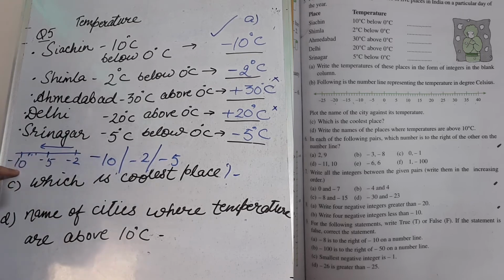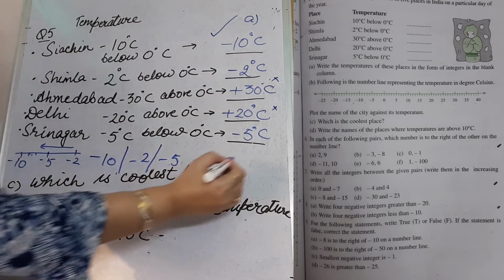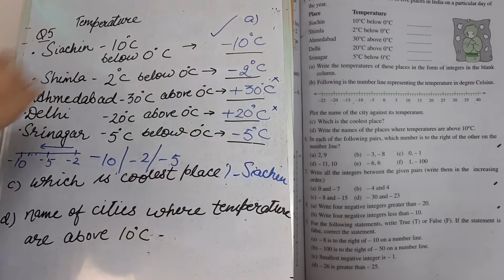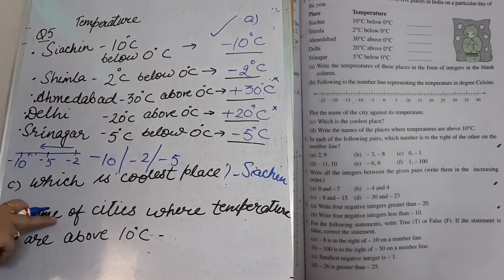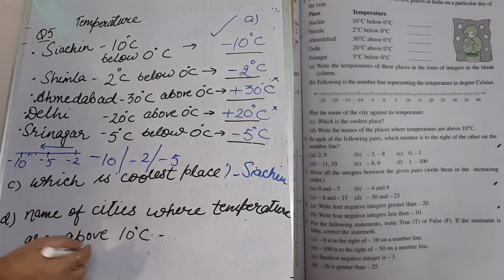So which one is the coolest place? Minus 10 degree C is the smallest. So it would be the coolest place. Minus 10 degree C is with Siachen. So which one is the coolest place? Siachen.